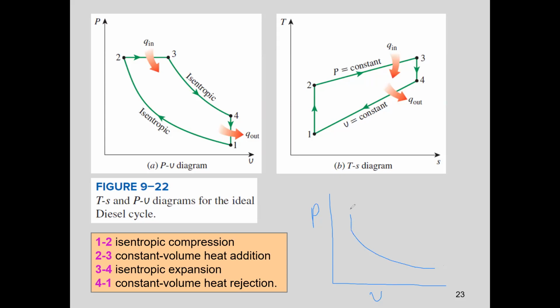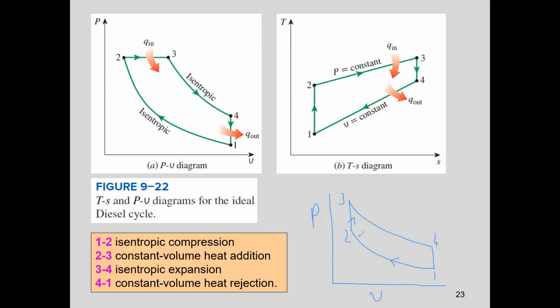This is the heat addition process. This is 1, this is 2, this is 3, this is 4. So this is isentropic compression process 1, 2.